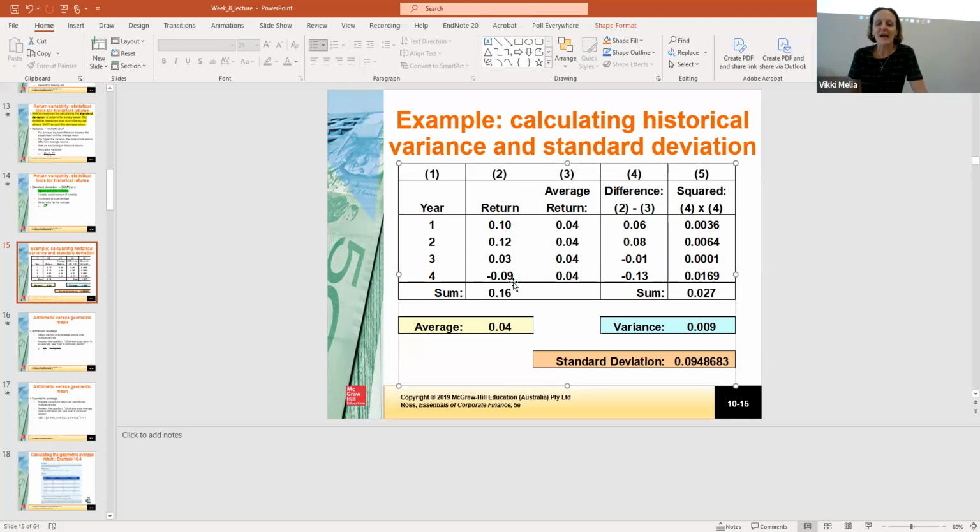So in this example, we used an average. And the average that we calculate here is the arithmetic average. I prefer to think of it as the normal average, the normal way of finding an average. Add up all the pieces of data and divide by the number of observations. It's our arithmetic average.